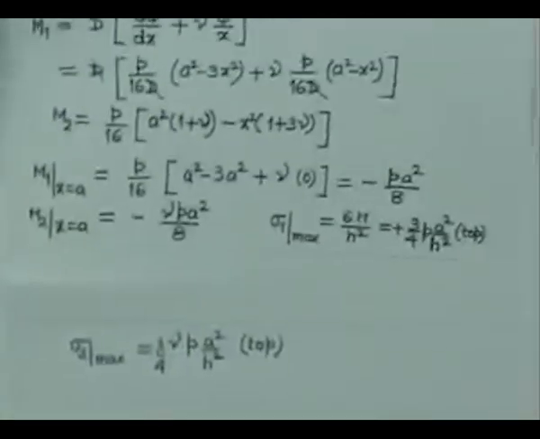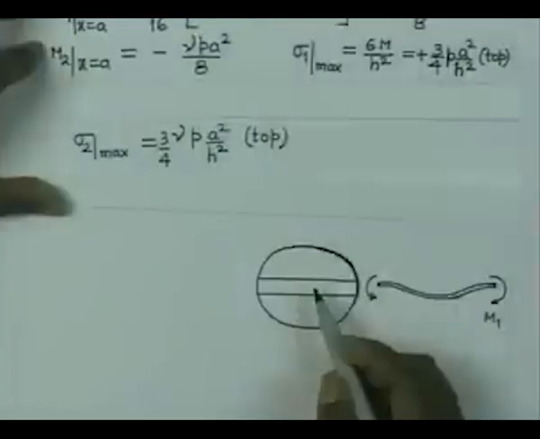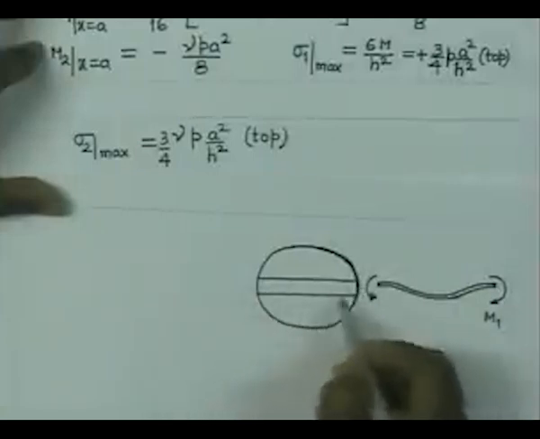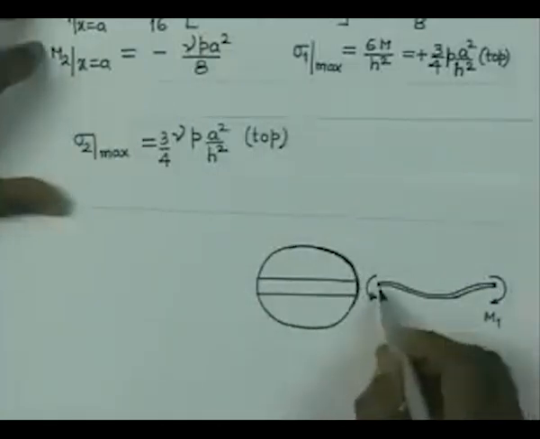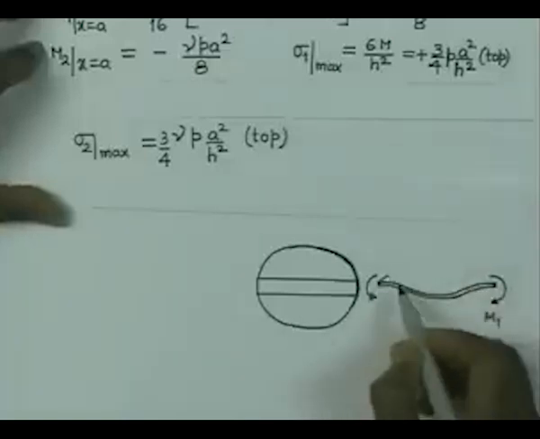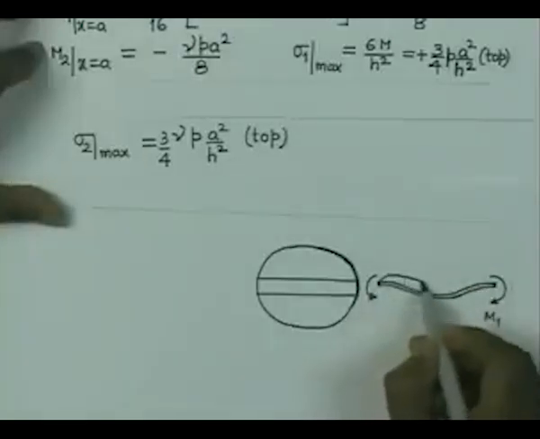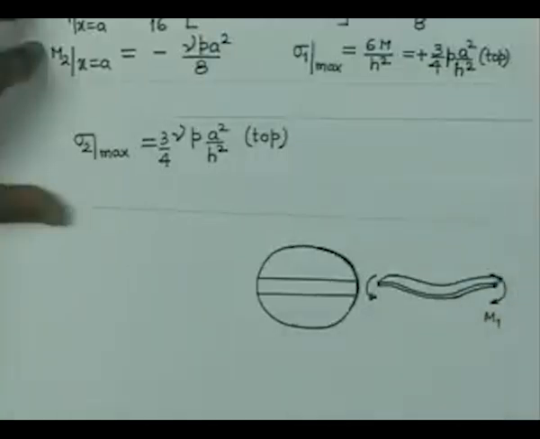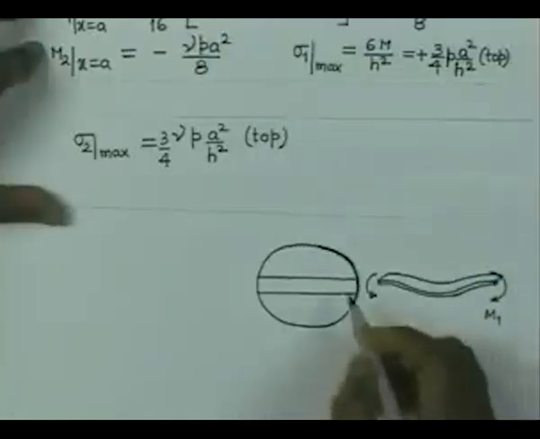So, let us look at the plate which is circular. Let us now consider only a portion of it at the center, and I have drawn it here. This is the portion which is subjected to bending.